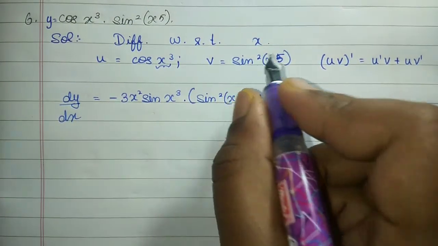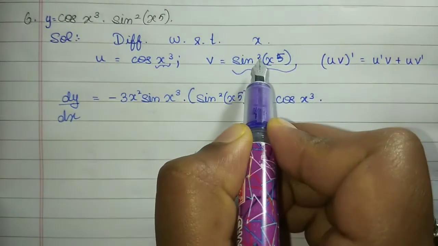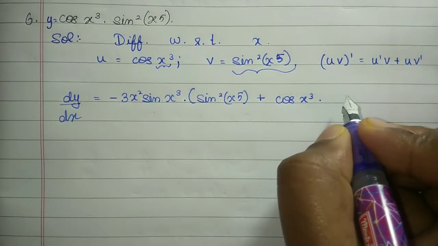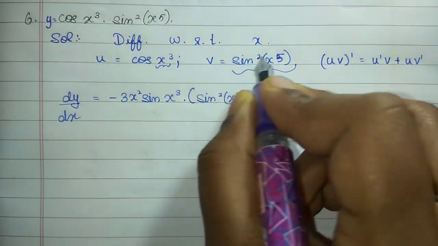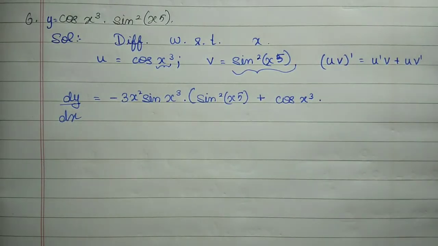When you have trigonometric functions with a power, first you have to differentiate that, that is, remove the square. We have not learnt any formula with the power 2.